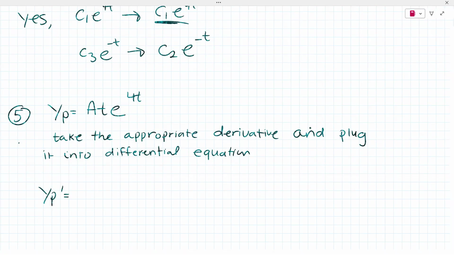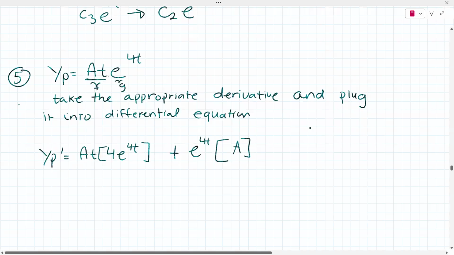We take the derivative of this. You would have to apply the product rule, since this is two terms multiplying each other. So it's going to be A t times the derivative of g, which is 4e to the 4t, plus e to the 4t times the derivative of f. The derivative of A t is A.